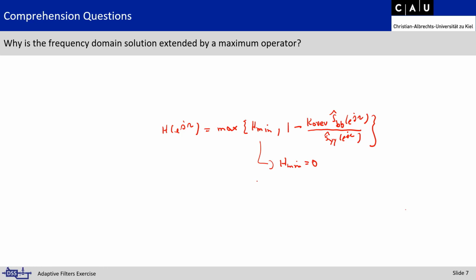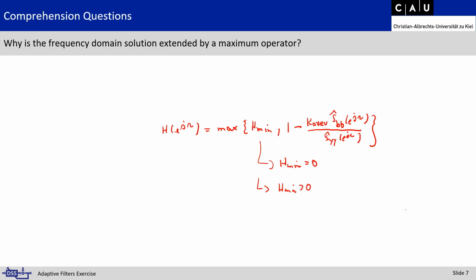And the second case we have is that we generally just set H min to any number greater than 0. And here, of course, we also prevent negative filter weights, but by setting a specific number here, we're defining the maximum attenuation that the Wiener filter can actually apply.